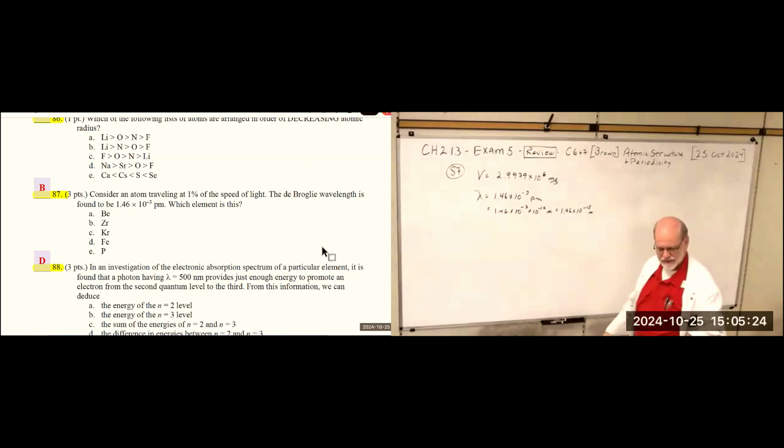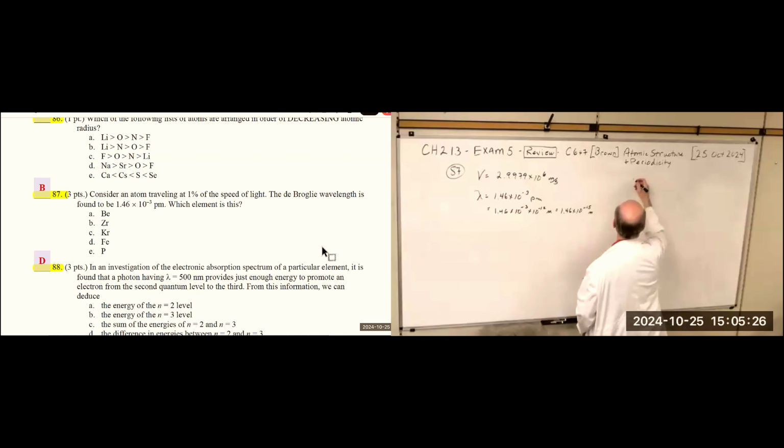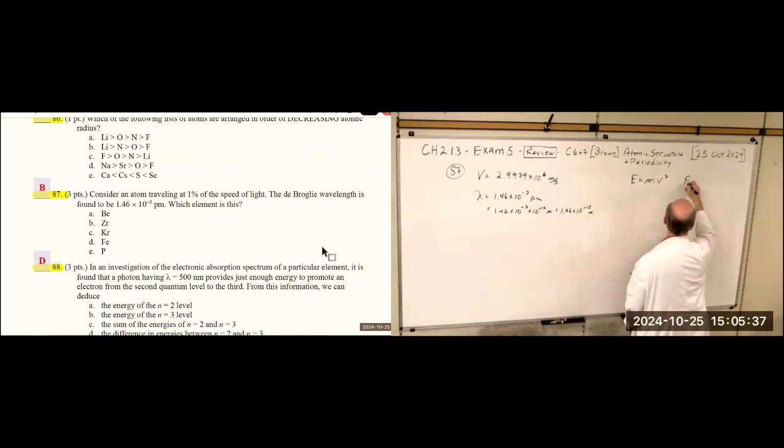I might have to derive it again. So this is the modified Einstein's equation at that. And then Planck's equation is this, which is equal to this, h over wavelength.